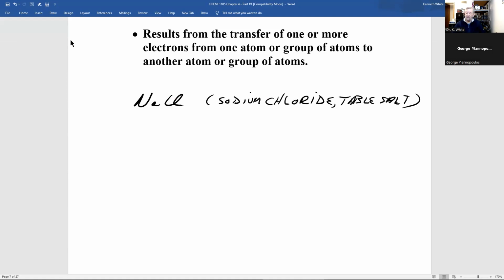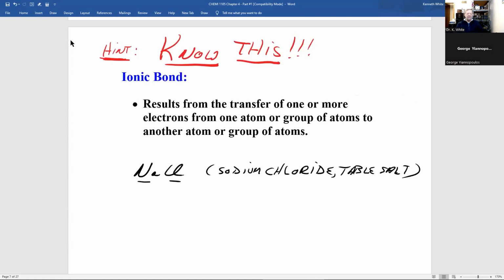Sodium chloride, you know it as table salt, the white stuff you put on your French fries or other things, is made up of a sodium and a chlorine atom. And they're held together by an ionic bond. And that ionic bond was the result of a transfer of one or more electrons from one atom, like sodium, to another atom or group of atoms, like in this case, chlorine.